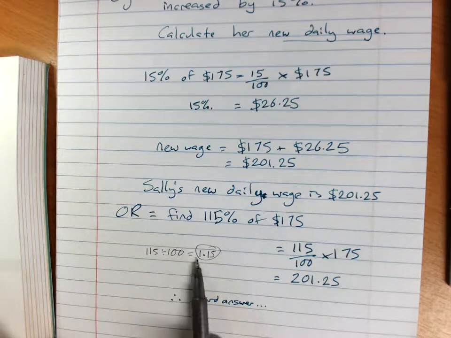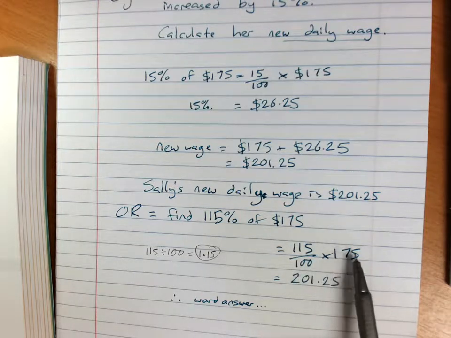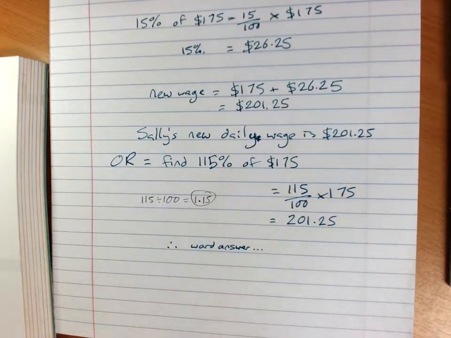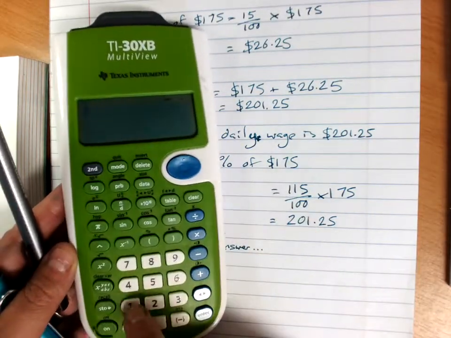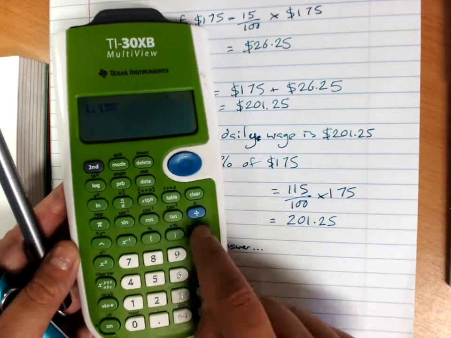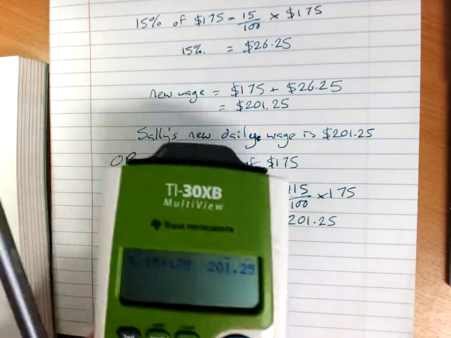So when you're doing this with the calculator, when you see 115 over 100 times 175, you can speed up a lot of your working if you go, I know that is 1.15 times 175, get the answer. It's a lot quicker.